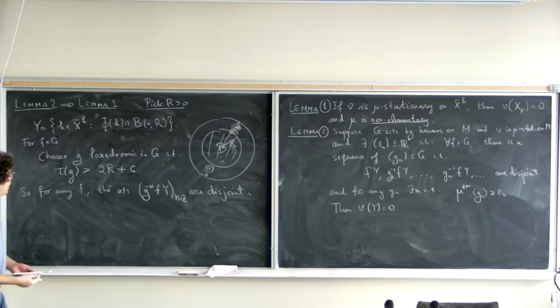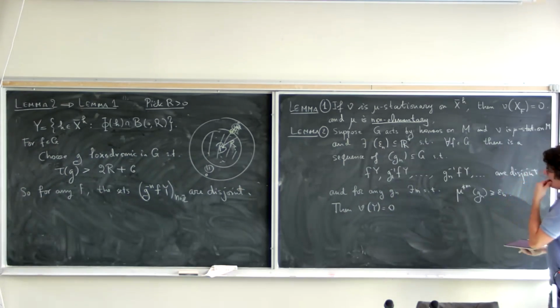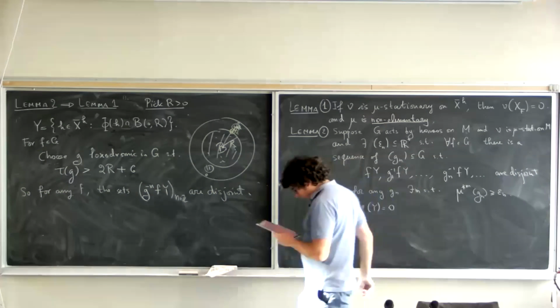And so can we apply this basically? Yes, we just have to find this epsilon, but epsilon can depend on n actually, so that's not a problem. And we have to find mu star.